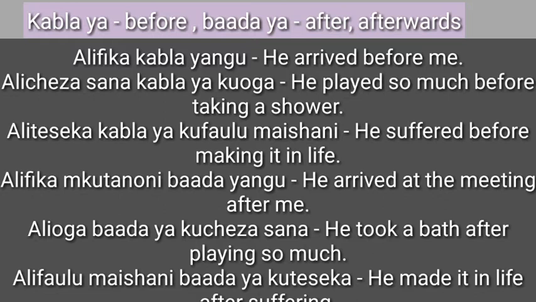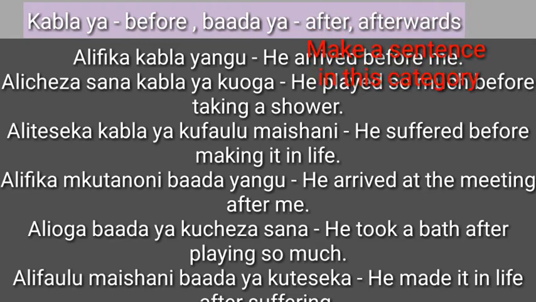Alifika kabla yangu. He arrived before me. Alicheza sana kabla ya kuoga. He played so much before taking a shower. Aliteseka kabla ya kufaulu maishani. He suffered before making it in life. Alifika mkutanoni baada yangu. He arrived at the meeting after me.